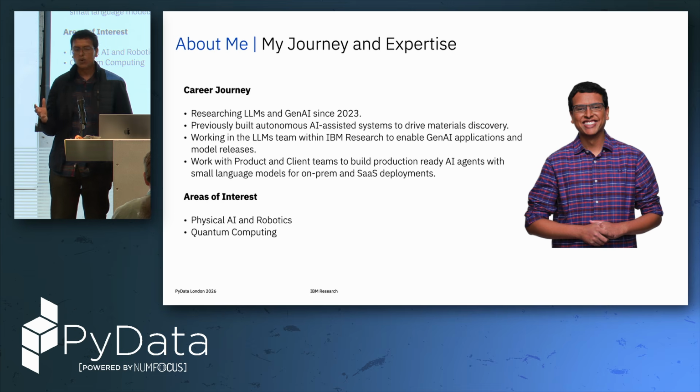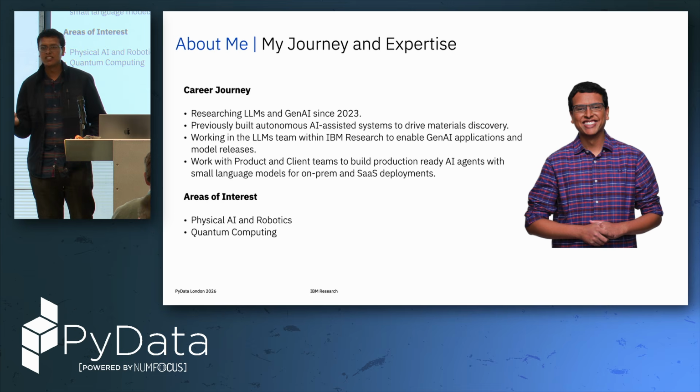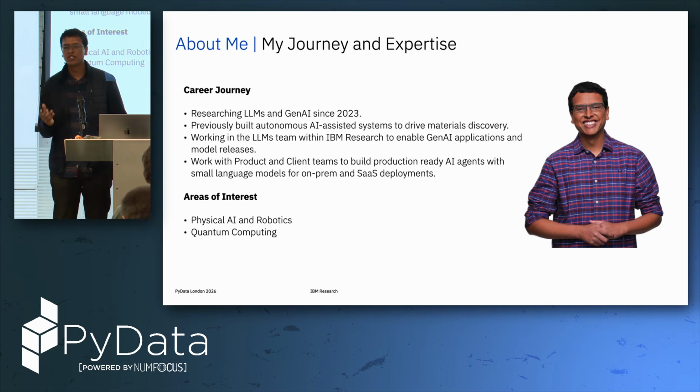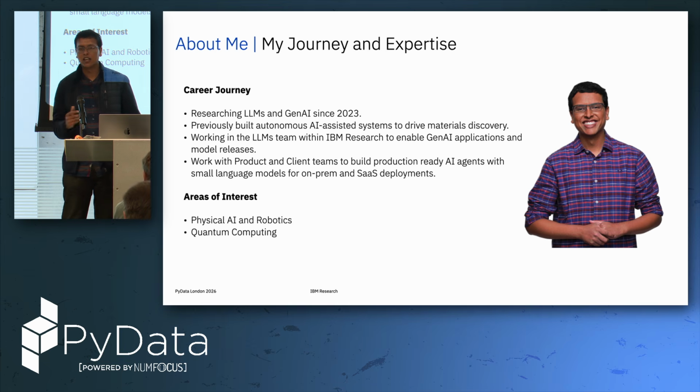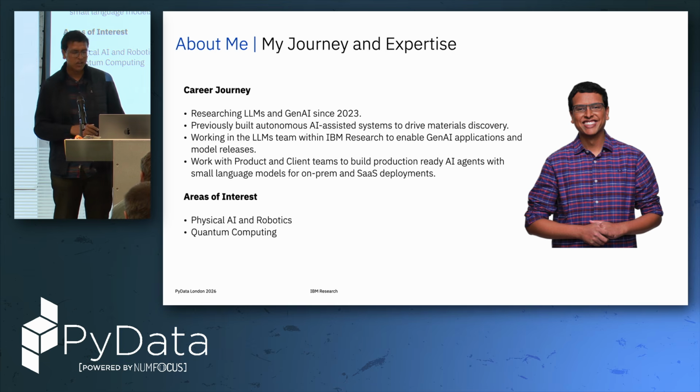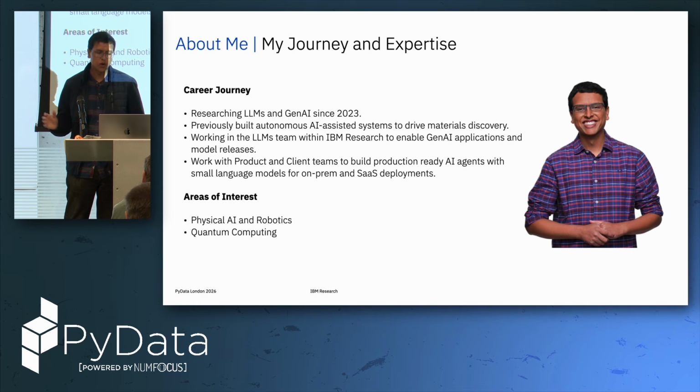And in that role, I'm working in a semi-developer relations, client engineering role, where we work a lot with clients and product teams to help build generative AI applications and get them to production scale so that they can ship them to their clients and see that utility scale with generative AI in the real world.